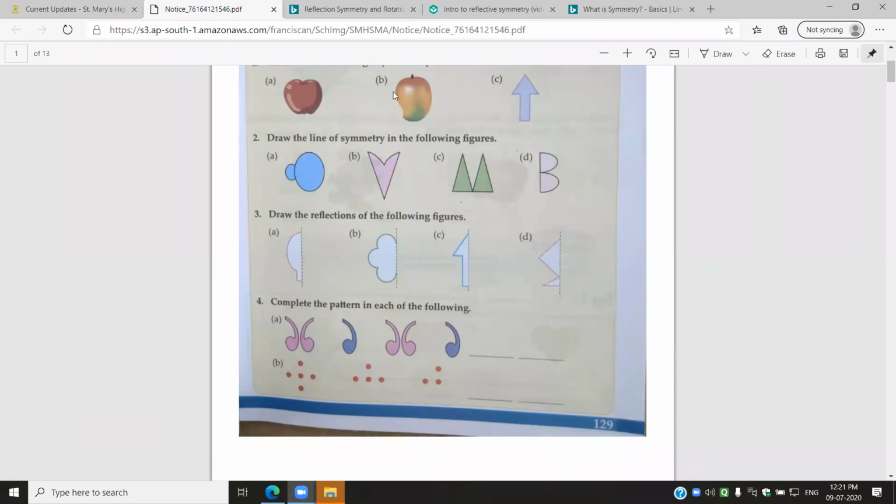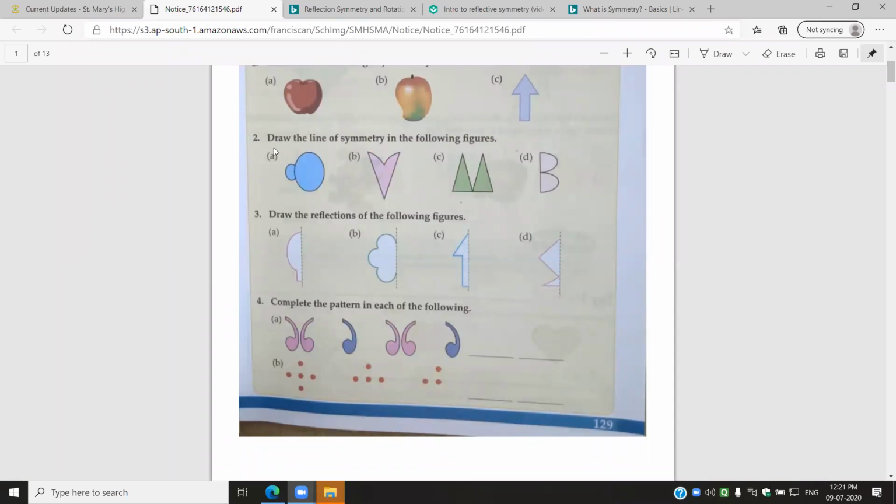Therefore, this is not a symmetrical figure. Now in this arrow, if I draw a line exactly in the middle, then both the sides will be matching. It will be identical. It will look like mirror images formed. So this is a symmetrical figure.